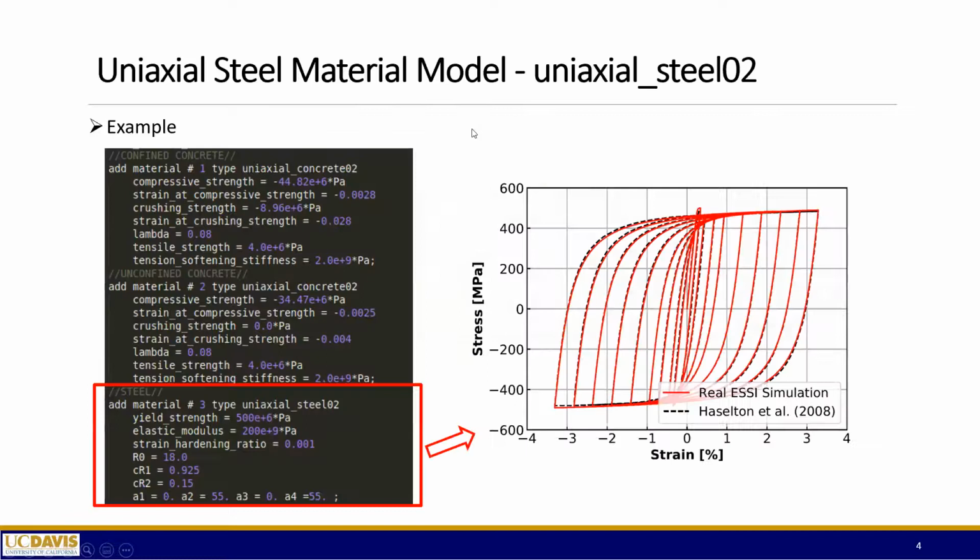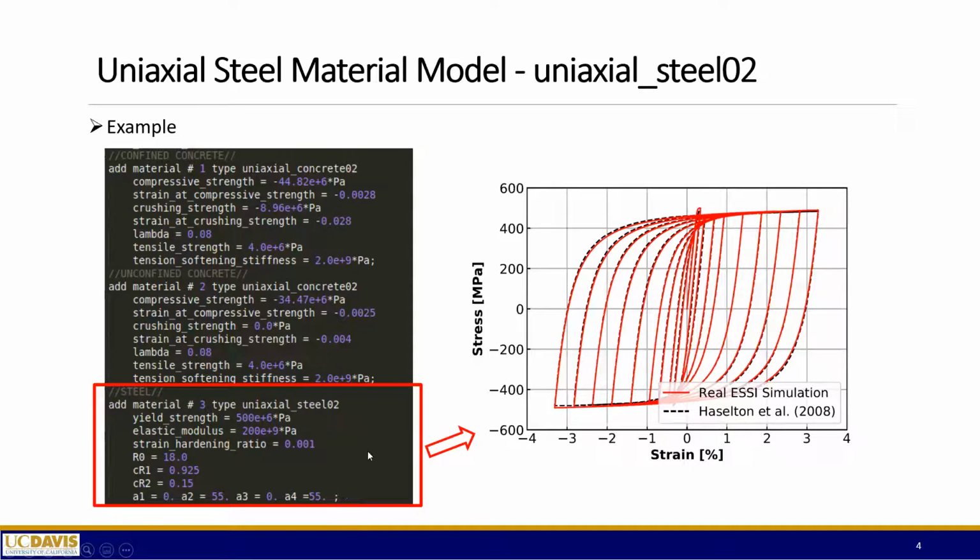Here is a simple example of using this material model in your finite element model. For reinforced concrete structures, you always have concrete and also steel. As you can see, this is the list of material models used for this specific case. You have confined concrete and unconfined concrete, which we will talk about in another video.